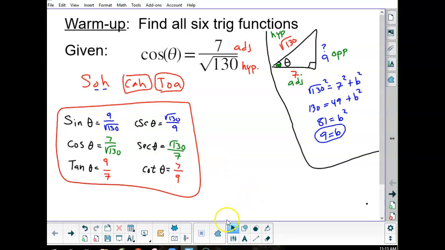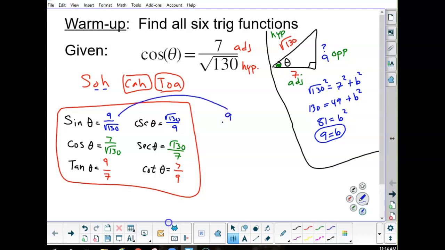Now I'll say this, I'm not 100% sure, as I have to look a little bit more at the Delta Math problems, but let's say I have the sine value, which is 9 over the square root of 130. If you type this into Delta Math and it tells you it's wrong, then what they're going to ask you to do is rationalize the denominator, just like we did going all the way back to geometry, really.